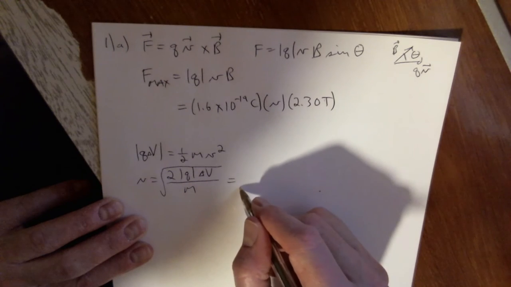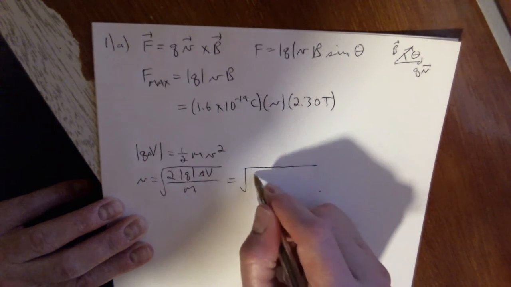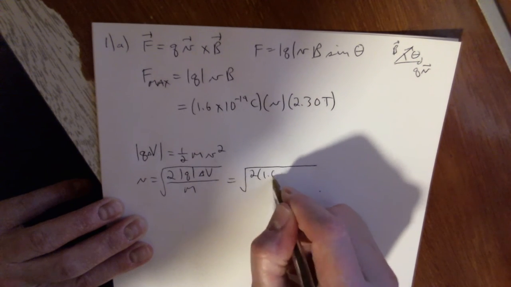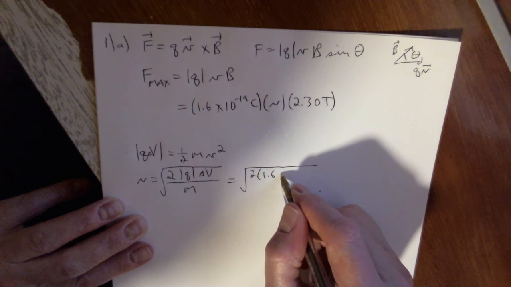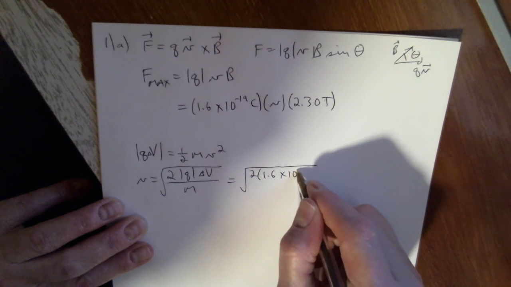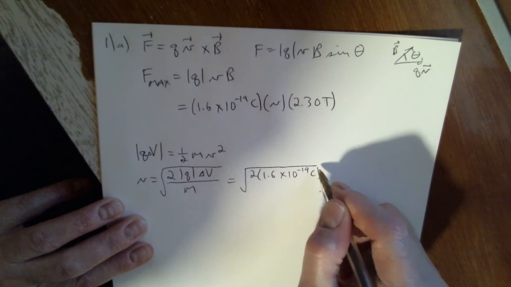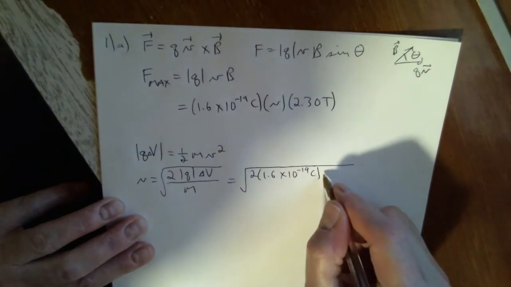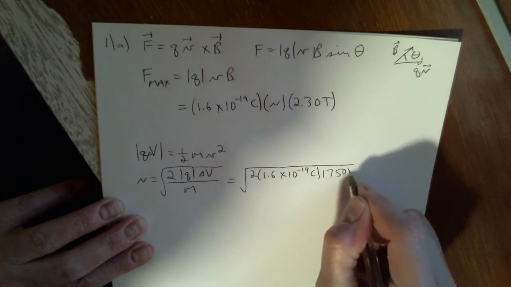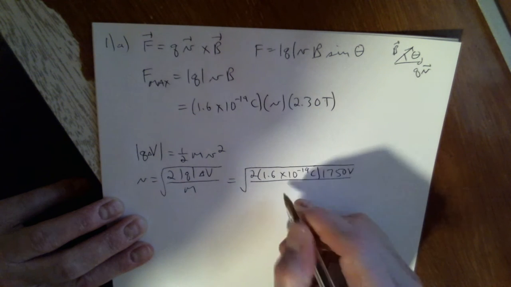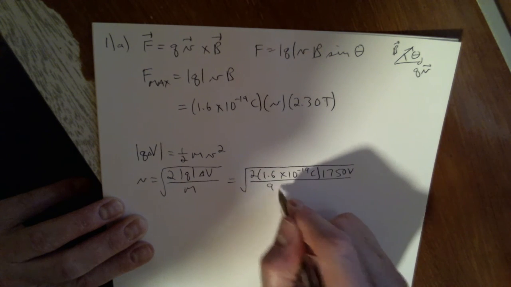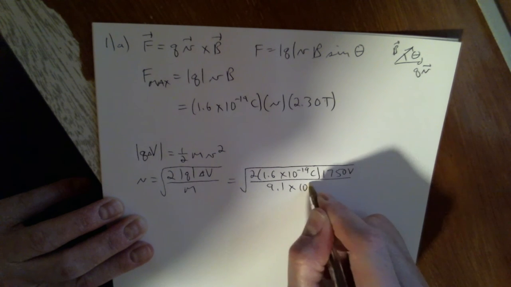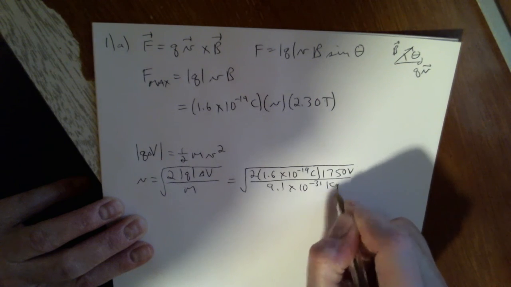And so we get that this is 2 times the fundamental unit of charge times the change in voltage, which is 1750 volts, divided by the mass of the electron, which is 9.1 times 10 to the negative 31 kilograms.